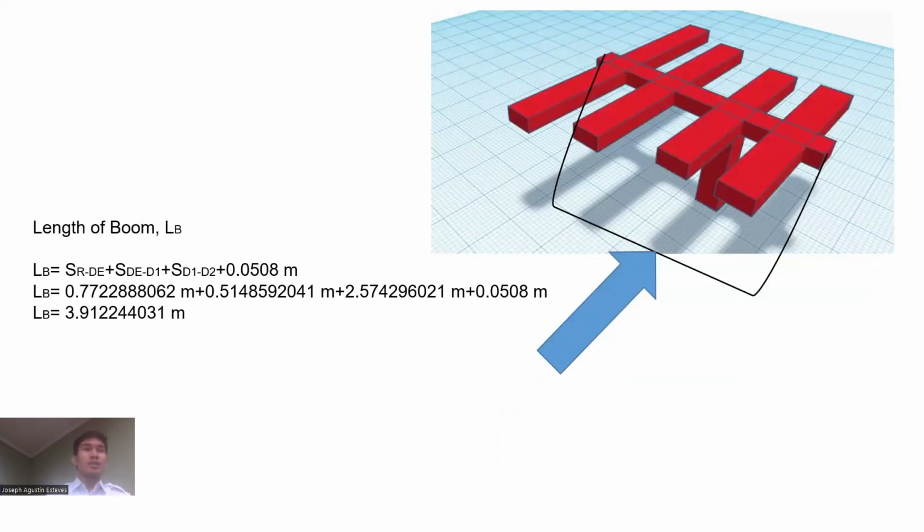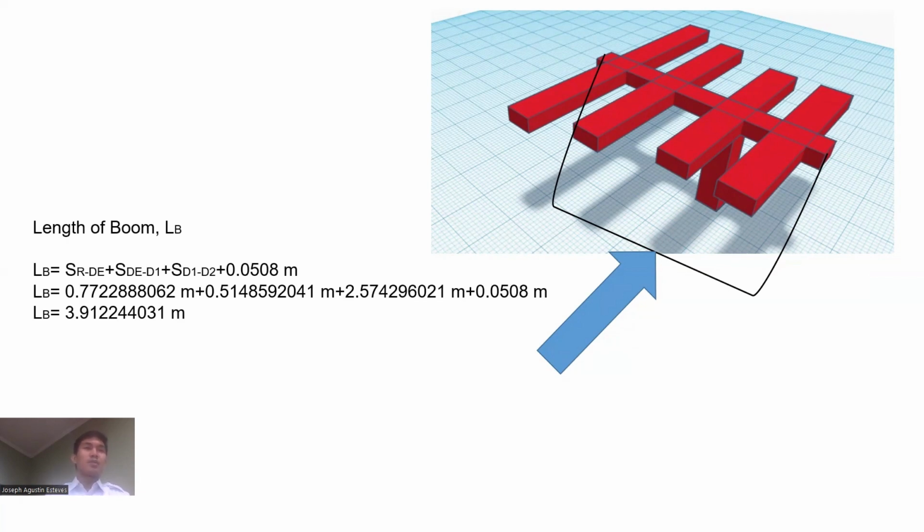Lastly is the length of the boom. LB is equal to SR to DE plus SDE to D1 plus SD1 to D2 plus 0.0508 meters.